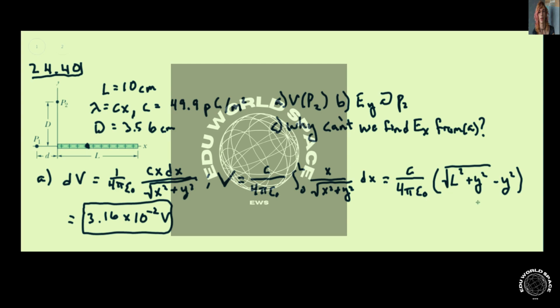So this is not so helpful because this isn't the voltage at every point in space. This is not the voltage of a general x, y. This is the voltage for x equals 0 and any y.